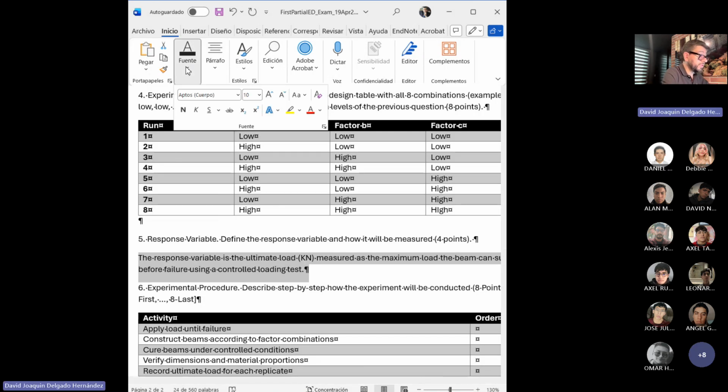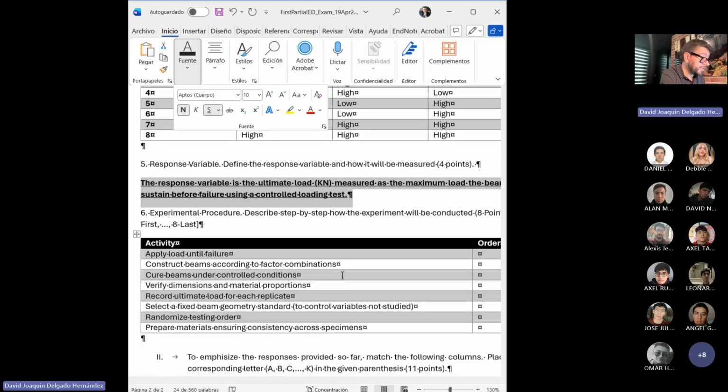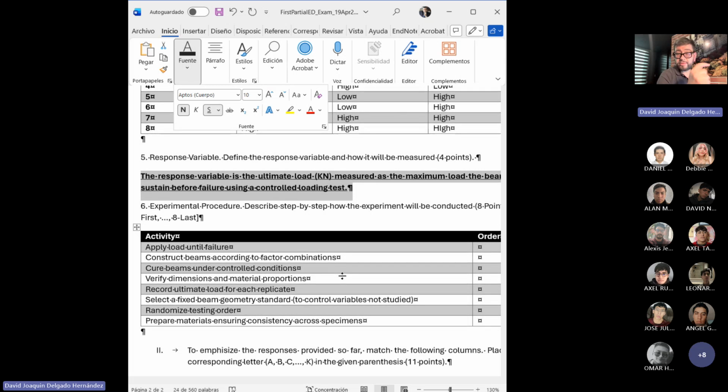So let me put here this underline and put in bold. Okay, perfect. Well, the following question was related to the order in which you should carry out the experiment to get the results. Okay, so you should put here numbers from 1 to 8, depending on the order of each step.